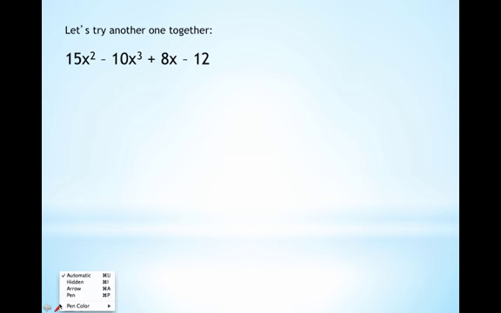Let's try another one together, because I know that looked a little bit complicated, but it's okay. Here I've got common factors of the first two of 5x squared, which leaves me with 3 minus 2x. And here I've got a 4 times 2x minus 3.